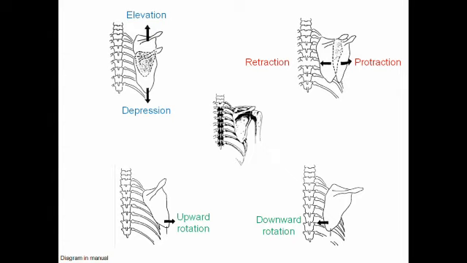We can start to also think about the muscles that are causing these movements and where they would most likely be located relative to the scapula. For example, a muscle that was going to cause elevation of the scapula would need to be located superiorly. Conversely, a muscle that was going to depress the scapula would need to be located inferiorly.